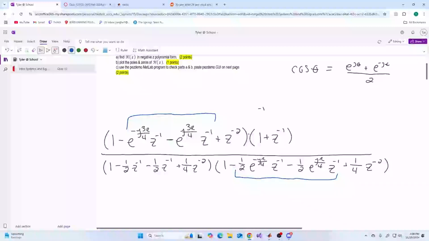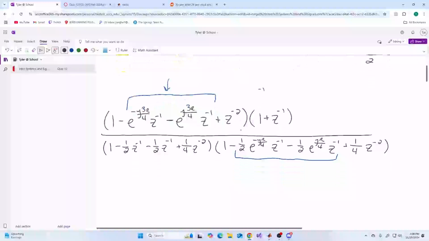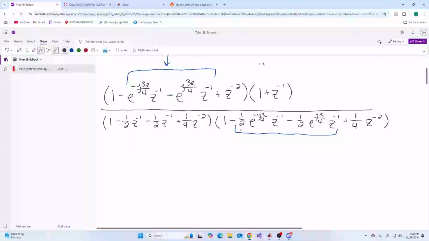So what I'm going to do is pull out on this one here a negative z to the power of negative 1. And if you're confused by that, you'll see by like 1 minute exactly what I'm talking about. So I have 1 minus z to the negative 1 times, now because addition is commutative, you can swap around the order. That's all I'm going to do.